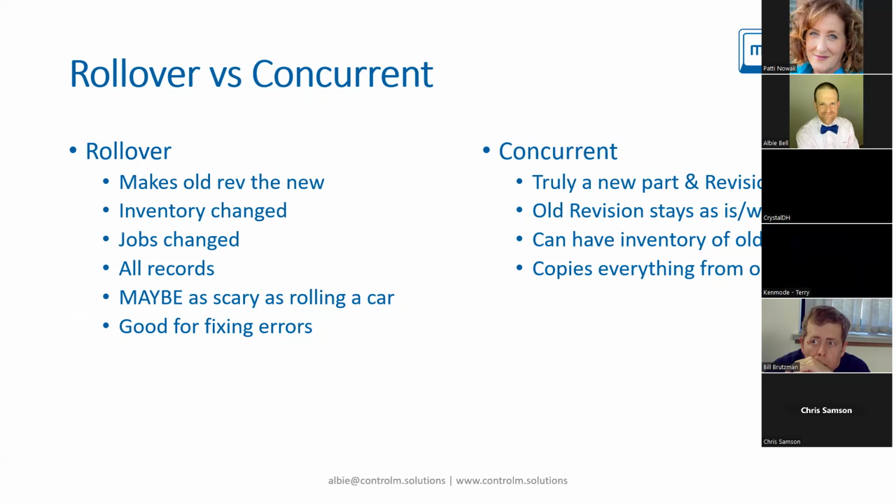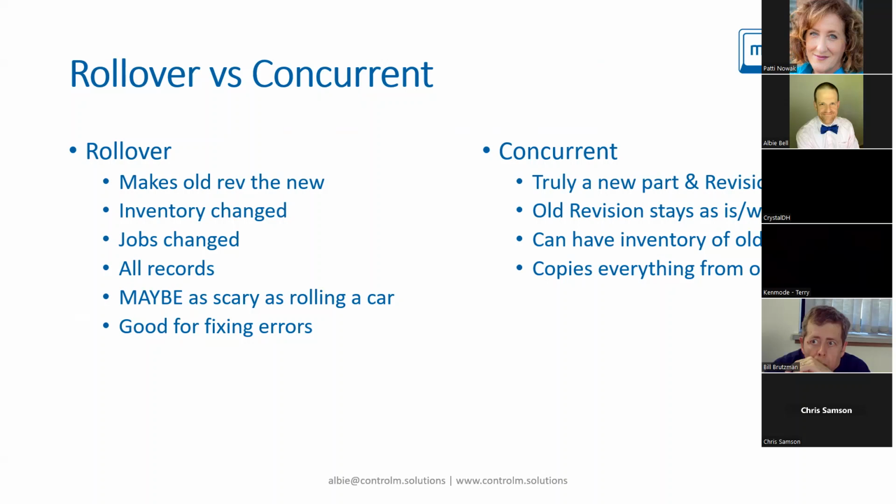So inventory changes, records change, control plan levels go from A to B, jobs change, basically the old revision becomes the new revision, and that original revision is changed. So good for fixing errors, really scary if you use it at the wrong moment and you've been shipping to your customer a revision for a couple of years and then you make a huge change. Everything just changed if you use the rollover.